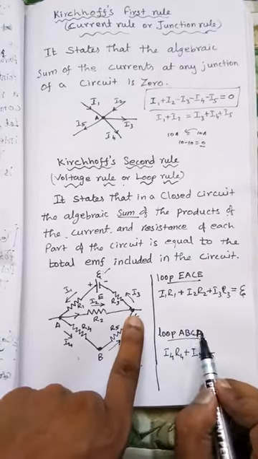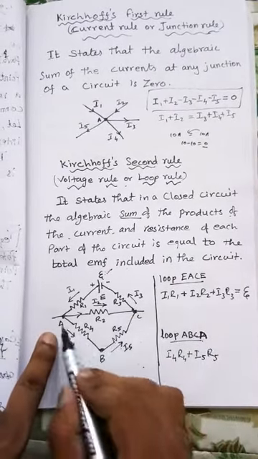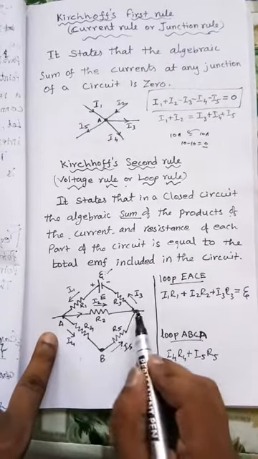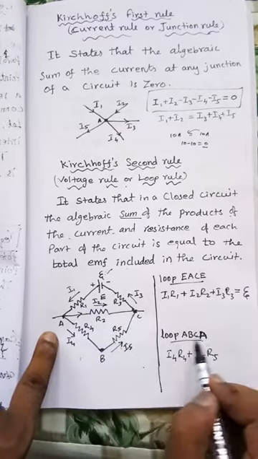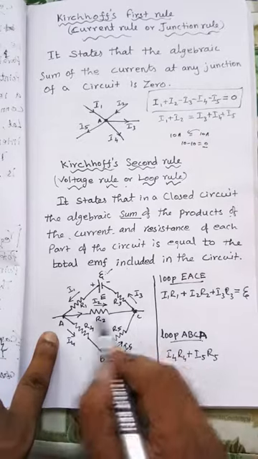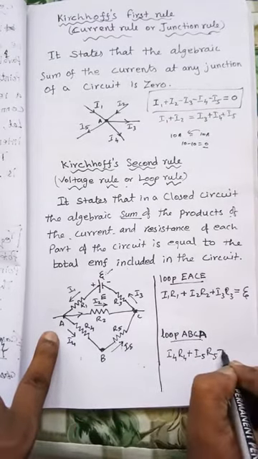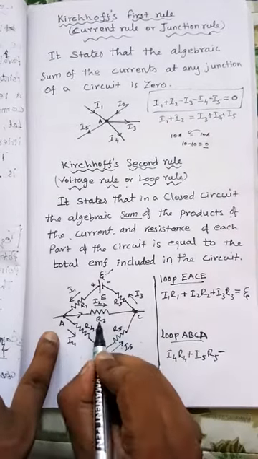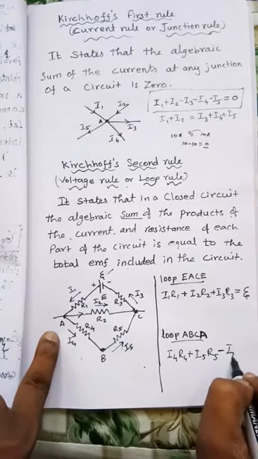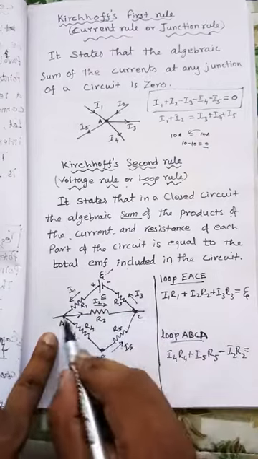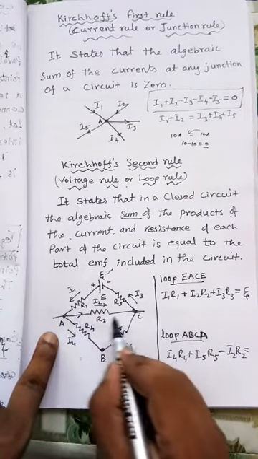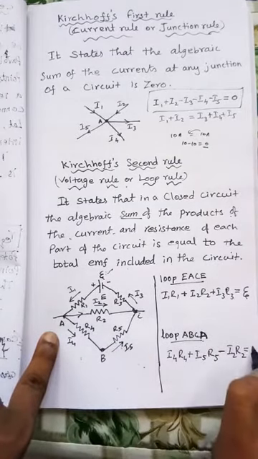Next CA, the route is AB, BC, CA, but the current direction is AC. But our direction is AB, BC, CA. So opposite, and opposite means minus. Minus I2 into R2 is equal to the total EMF included in the circuit. Here there is no EMF in the circuit, that means there is no battery, so it becomes 0.